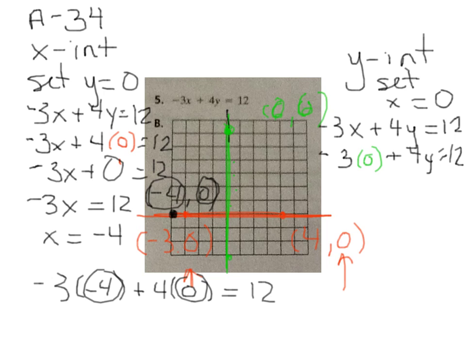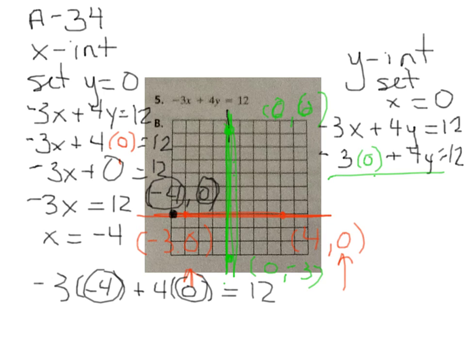And then if I chose this one way down here, at the very bottom, I'm going to have the point 0, negative 3. So anywhere on my y-axis, my x-coordinate is 0. So I plugged in 0 for x because I know the x-coordinate has to be 0 on my y-axis.